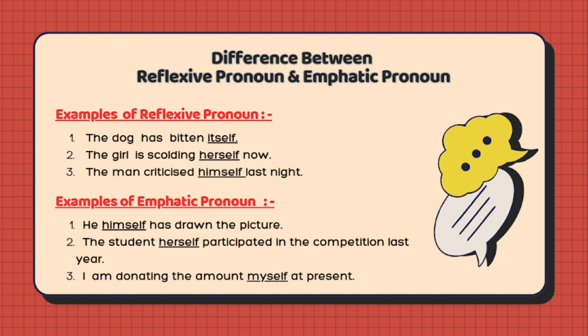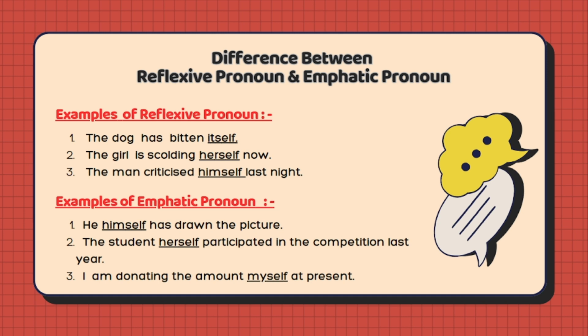What is the first condition? To call the self form a reflexive pronoun, it should be in the place of object. Here the word itself is in the place of object. So the first condition is fulfilled. Second one, the self form should make the action of the verb fall back upon the subject itself or the doer of the action.